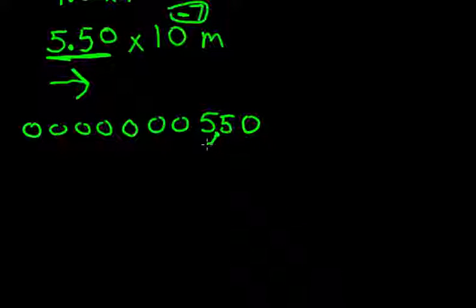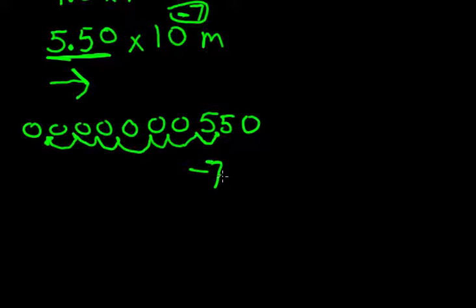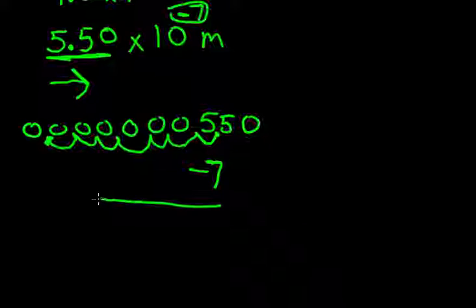We can do that by moving the decimal place over. 1, 2, 3, 4, 5, 6, 7. And so a negative 7, or 10 to the negative 7th, moves our decimal place to the left 7 times.